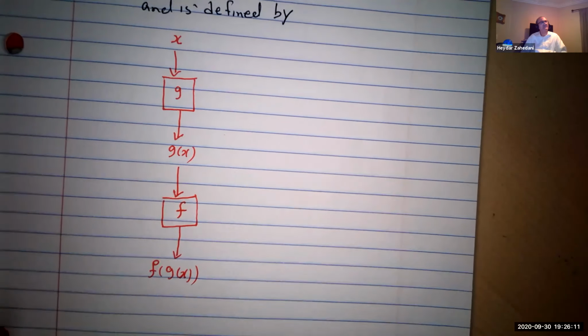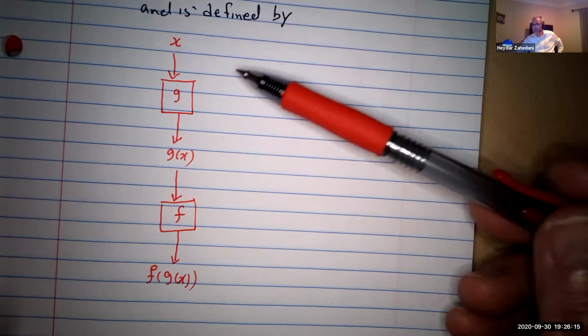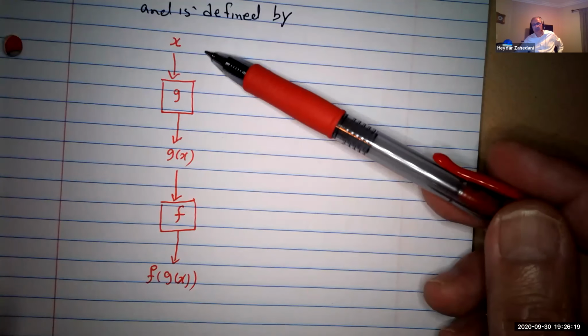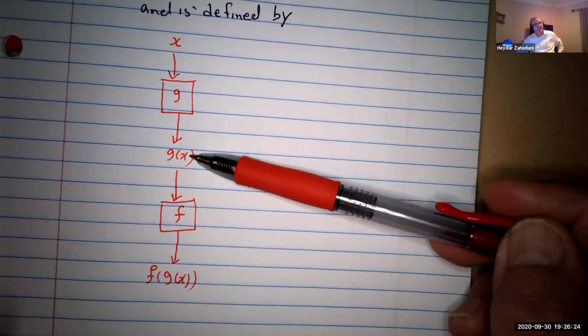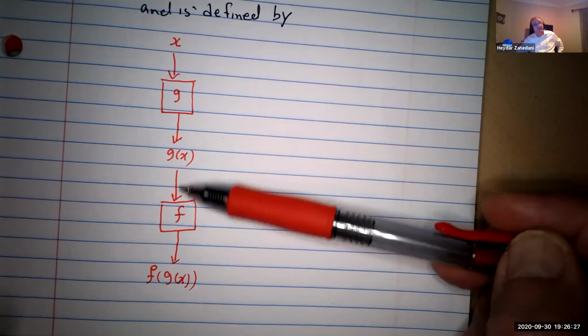So two actions. The first action must occur: you have to apply for a job. So this is the x. You drop the x into the first function, that gives you g of x. Then the next function comes, f of g of x. So it's a combination of two functions.